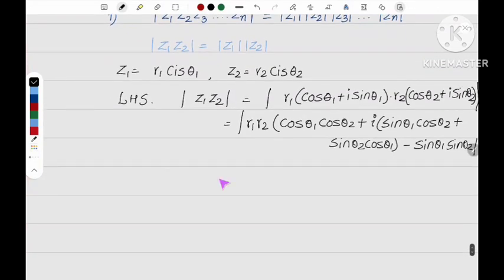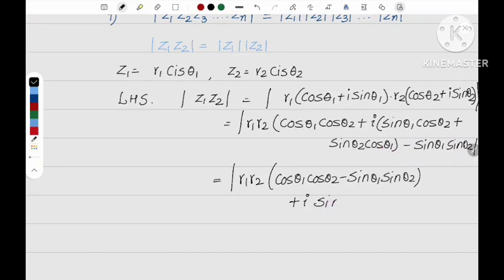So this becomes mod R1 R2, and I'll take here as real component cos theta 1 cos theta 2 minus sin theta 1 sin theta 2, right? And plus i sin theta 1 cos theta 2 plus cos theta 1 sin theta 2 becomes sin theta 1 plus theta 2, mod.